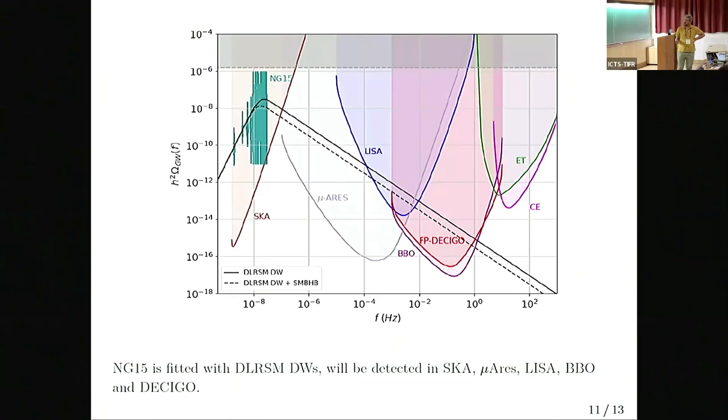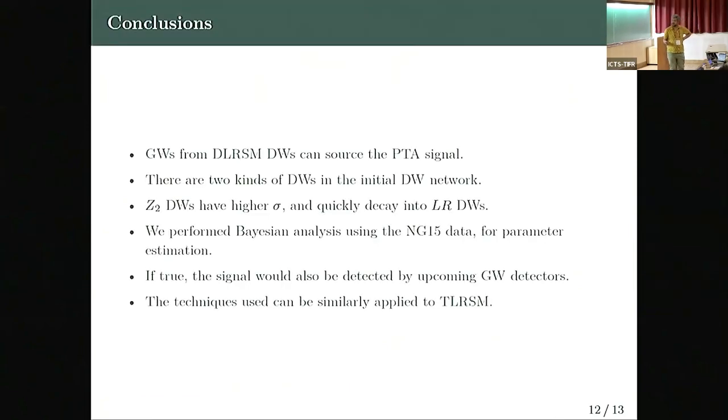Okay. So these are my conclusions. Gravitational waves from domain walls sourced from DLRSM could be a possible source of the PTA signal. And we argued that there are actually two kinds of domain walls in the initial domain wall network, while one of them is unstable and quickly decays, and that's why only the left-right domain walls evolve.